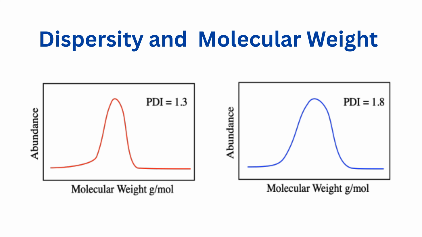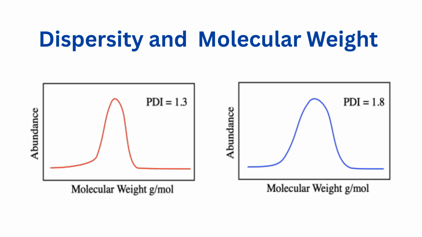Consider two polymer samples having the same PDI, say 2, but with different Mn values, 10,000 and 100,000. Here, the standard deviations of the two samples are 10,000 and 100,000, respectively. It is obvious that although the two polymer samples have the same dispersity, their standard deviations are completely different.